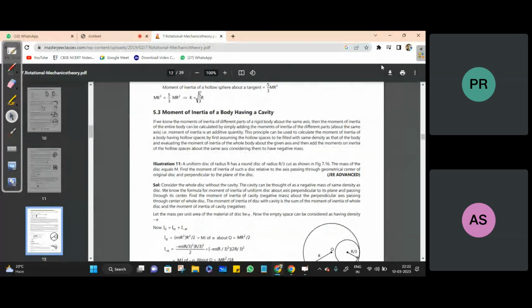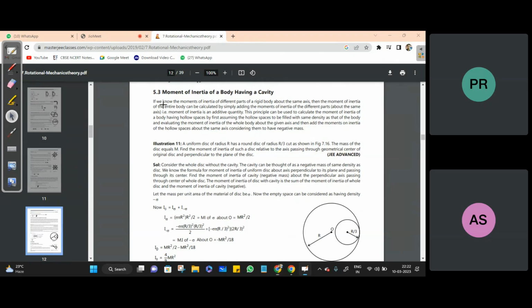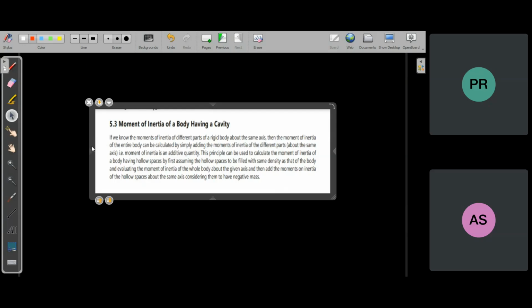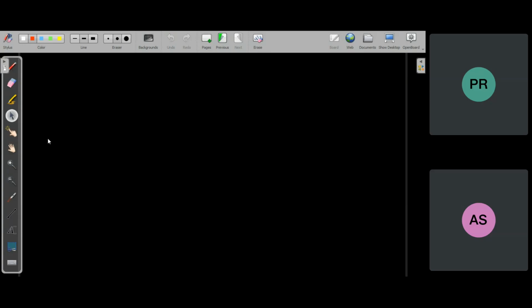Now the next is moment of inertia of a body having a cavity. If a body has some cavity, then how to find the moment of inertia of such a body? That is very easy. You can see here that suppose this is a body, of any shape.